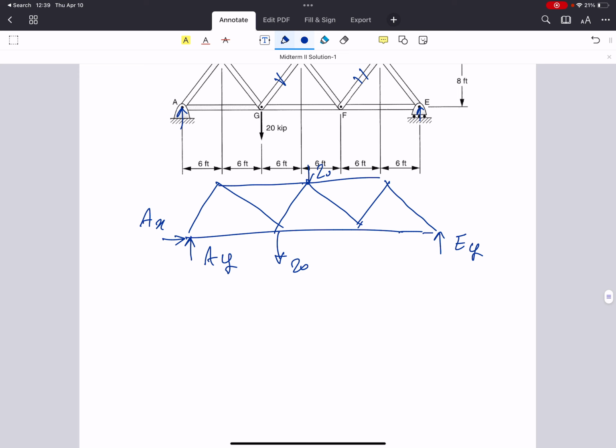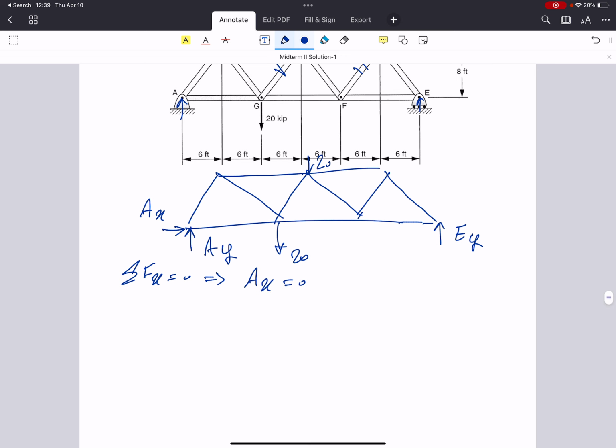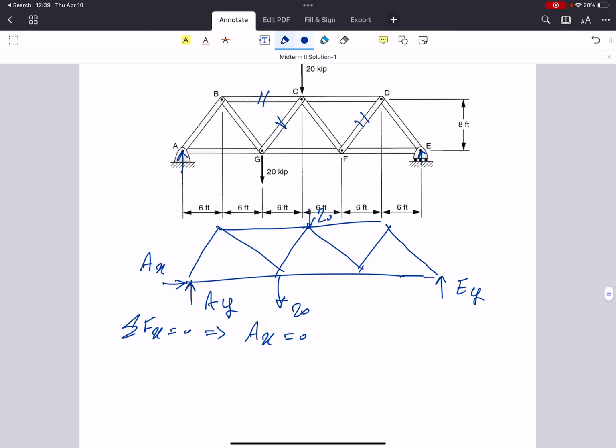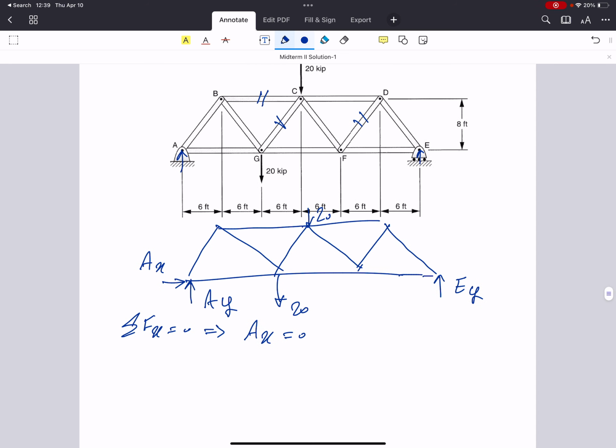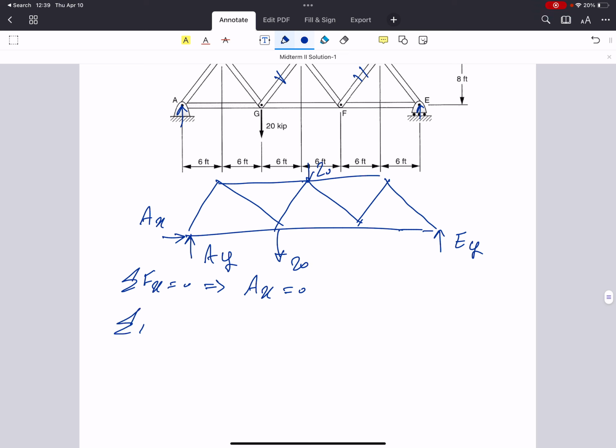So when we solve it, we see AX, if Fx equals 0, AX is going to be 0, right? Then we can find EY or AY. We can use summation of moment with respect to point A, equals 0.